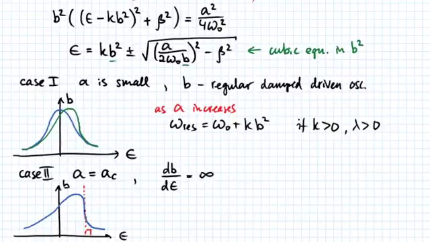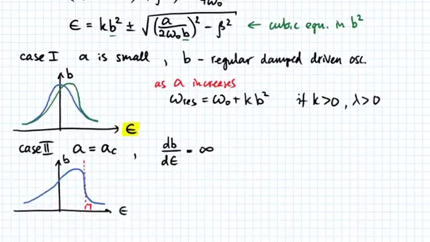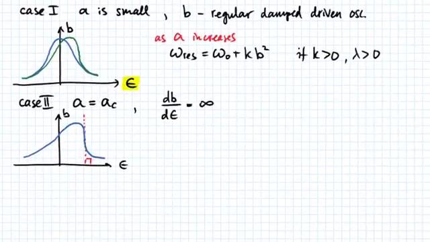So this intermediate case will delineate between two cases. The case where we have a unique value of B for each epsilon, and the third case where the solution is no longer unique.